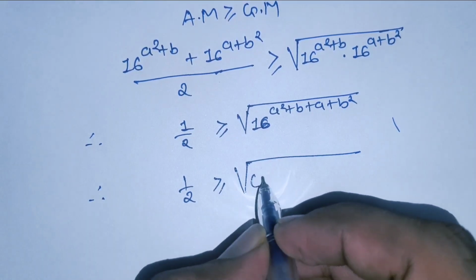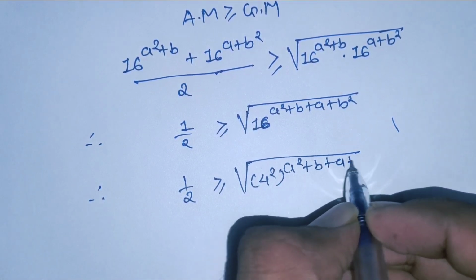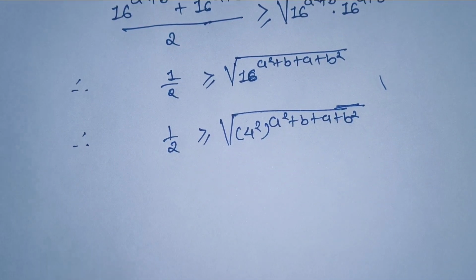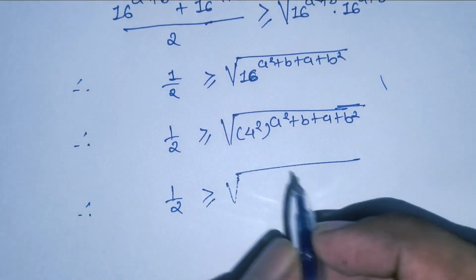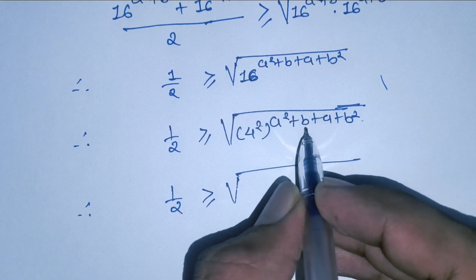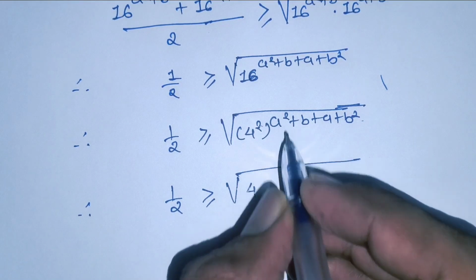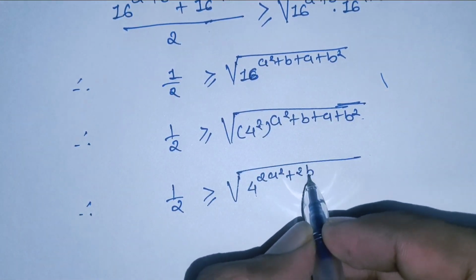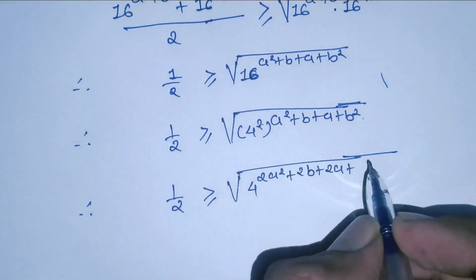Now 16 means 4 square, raised to the power (a square plus b plus a plus b square). Now multiply the power by 2: 4 raised to 2a square plus 2b plus 2a plus 2b square.